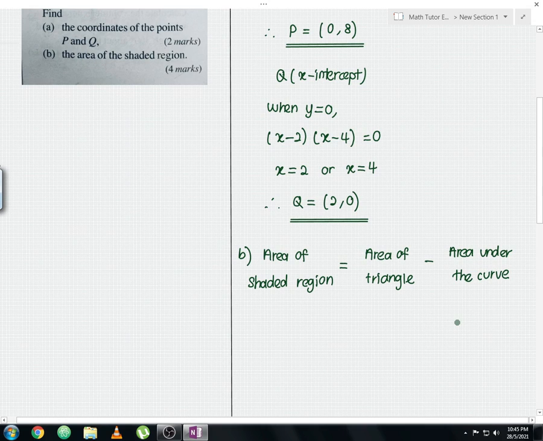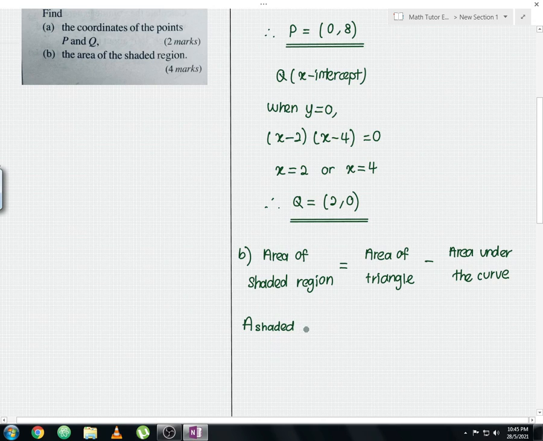Okay, so this is the idea, and from this idea we're going to change into the equation form. Since this is a very long letter, let me write it as A shaded, which is actually representing area of shaded region.